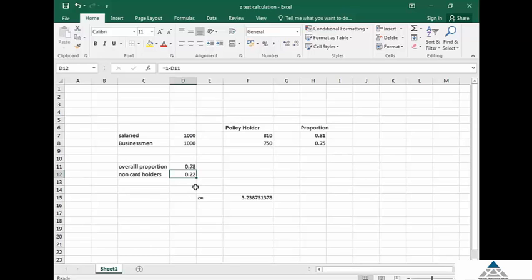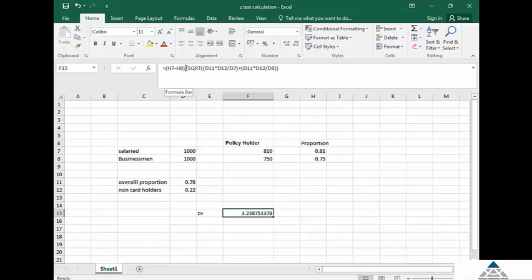Since these are approximations and we have large sample sets, both the versions are fine. Now when we put the respective values in the Z statistic, we get the value of 3.23875. We can see here in the Excel file that we have individual proportions as well as the group proportion.